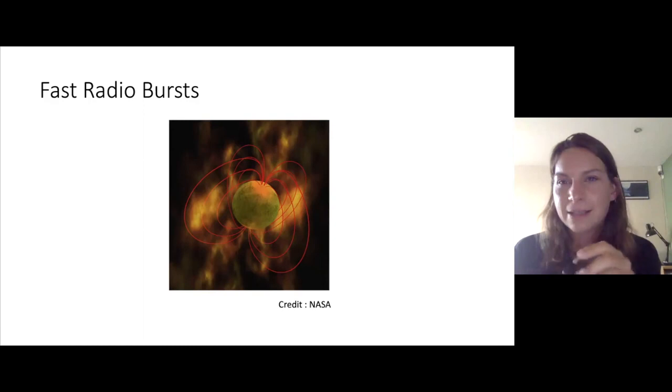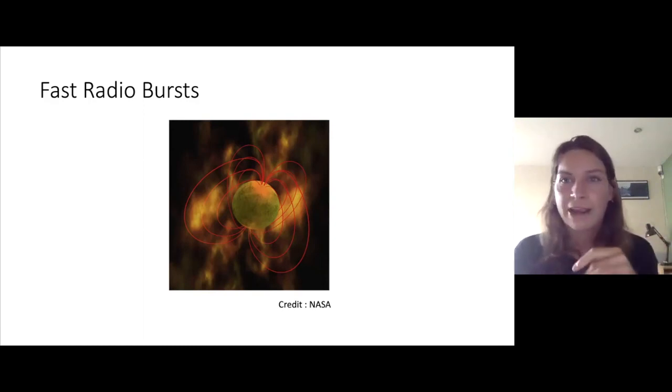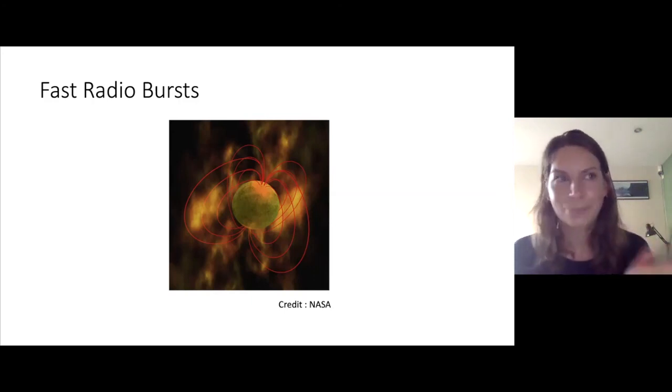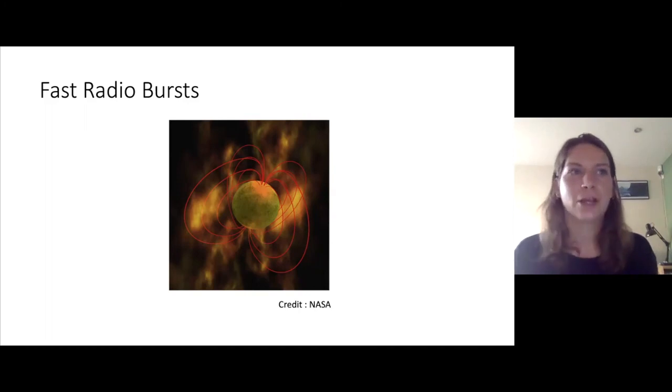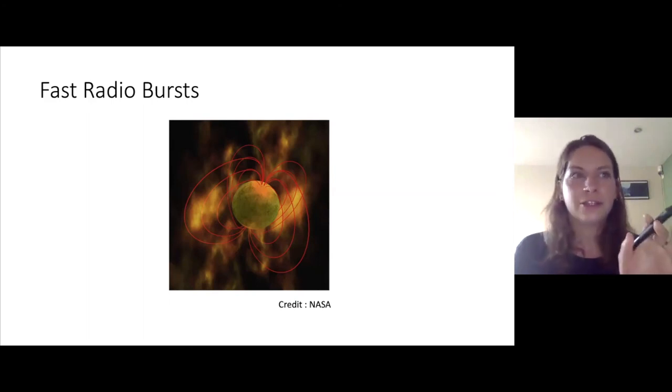Our current best guess of what could be producing these fast radio bursts is something we've called a magnetar. It sounds a bit like something from science fiction, but it's essentially a type of neutron star with an extremely powerful magnetic field.